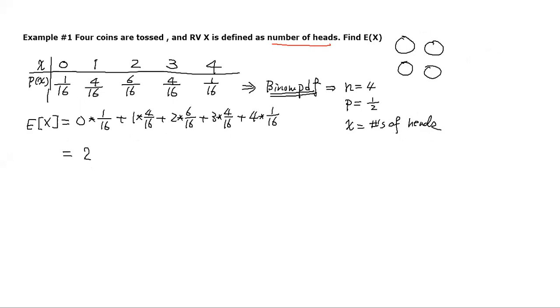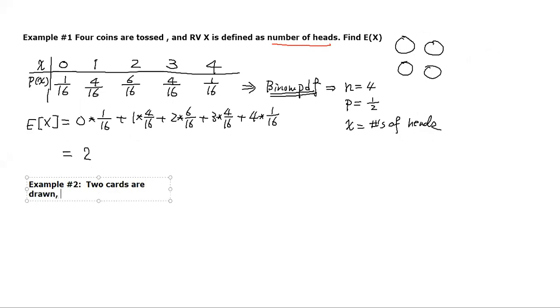Now let's take a look at the other one, which is a little bit more complicated. This is example number 2, right? Example number 2 tells you 2 cards are drawn.